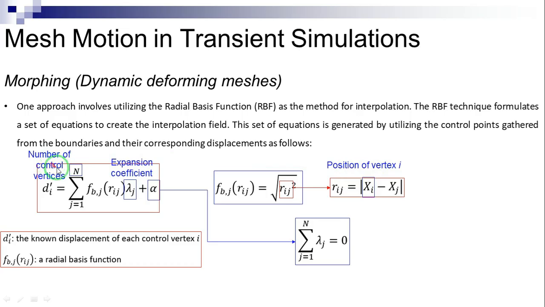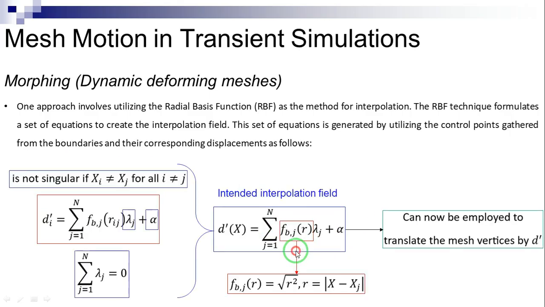vertices. The constant alpha vector here is employed to impose the following additional constraint to bound the expansion for large x values. The system that is presented here in this equation is not singular if x_i does not equal x_j for all i not equal to j.